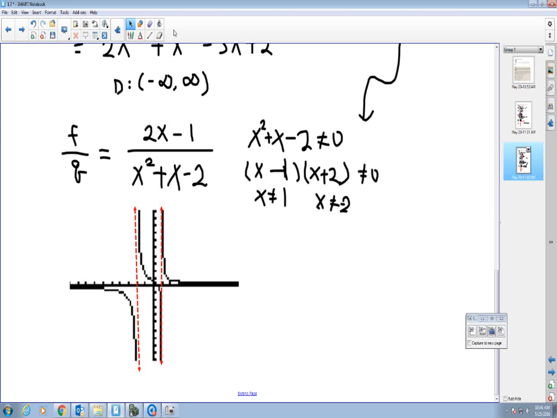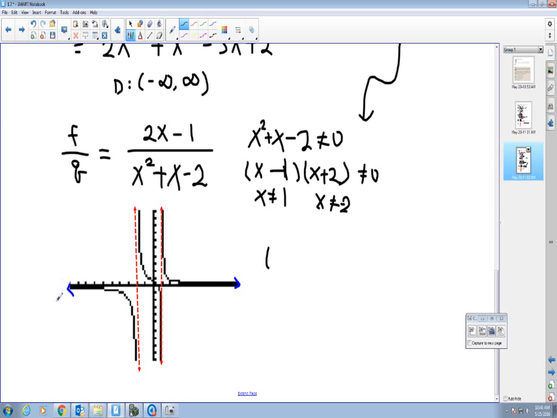Alright, so by looking at it, this function does exist from negative infinity approaching this -2, and my function exists between -2 and +1, and then picks up from the other side, the +1, and keeps on going to the right.